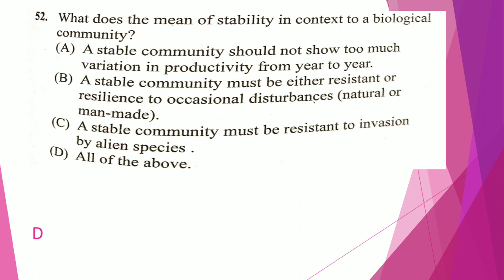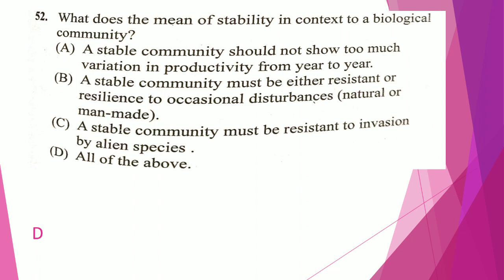So why here? What is the question they have given? What do you mean by the stability of the concept in the biological community? You can't say stability just from one thing, because sometimes it shows year to year variation, and may or may not show. Organisms may die or survive during the variation.